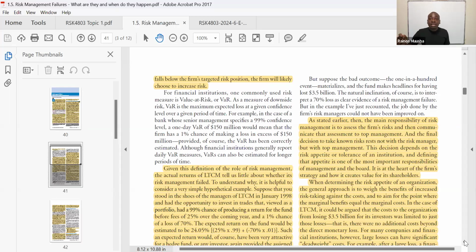The main responsibility does not rest on the chief risk officer, but sits with the board. Yes, they can contribute in making the decision, but as long as the chief risk officer is not solely making the decision, and the decision is stamped by the board, this is what the author is trying to emphasize: that the board and the top management are the ones who have to make the decision at the end of the day.